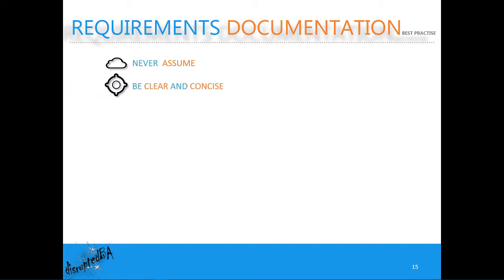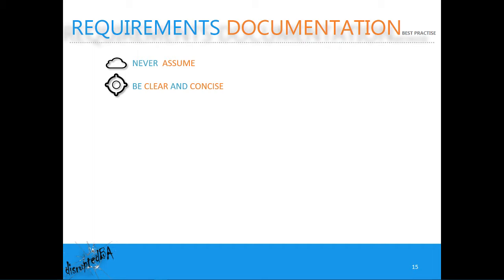The second one is be clear and concise. There was a time in the 90s and the early 2000s, and probably a bit closer, where the value of something was judged by the thickness of the document.